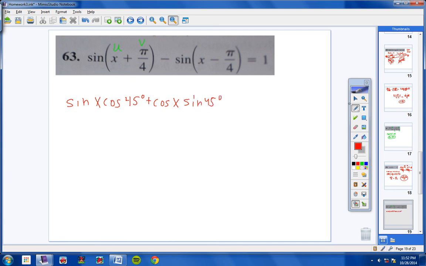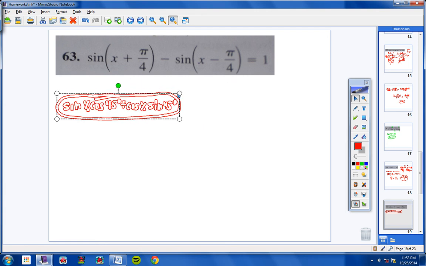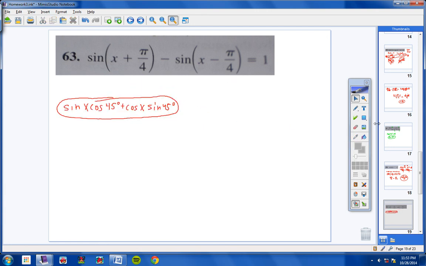This entire expression was substituted for this right here. Now we still have to do this over here. Now be careful, students, with this negative sign.